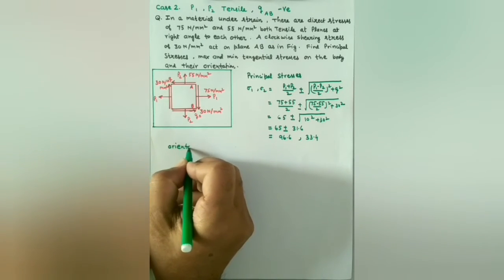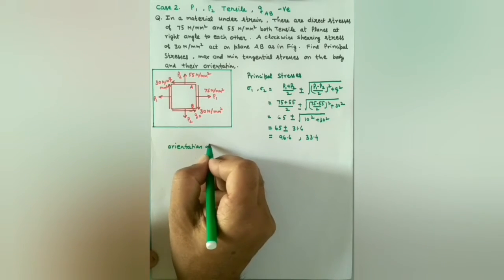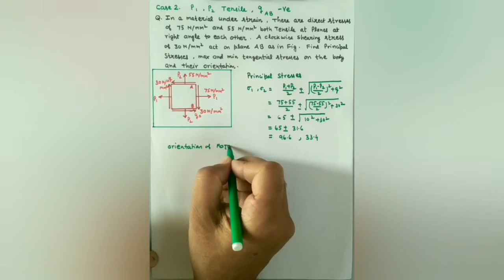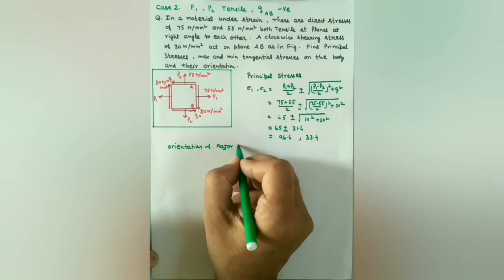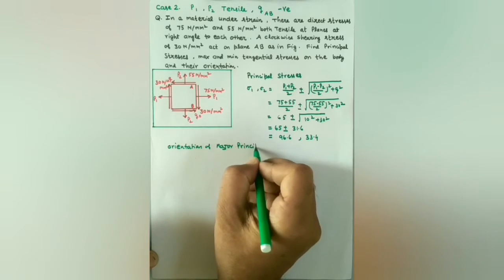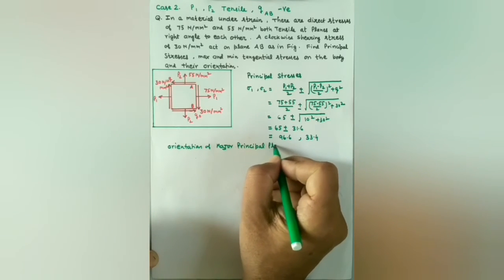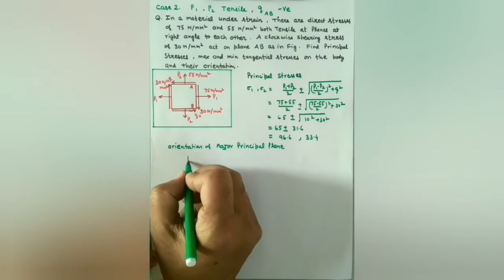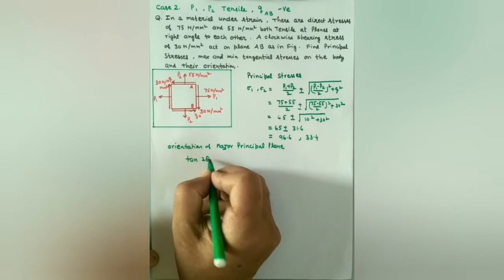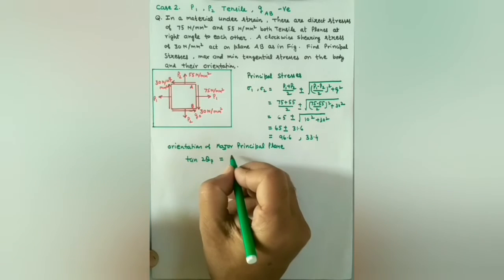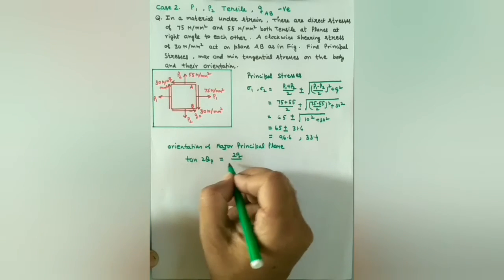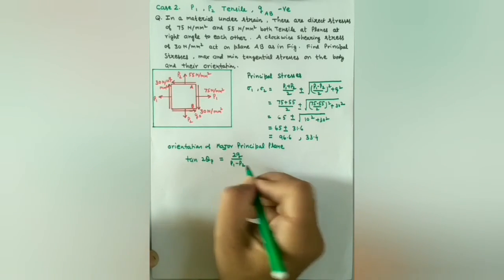Now the orientation of major principal plane is such that if the angle is theta P1, tan 2 theta P1 is given by tan 2 theta P1 equal to 2Q by P1 minus P2.